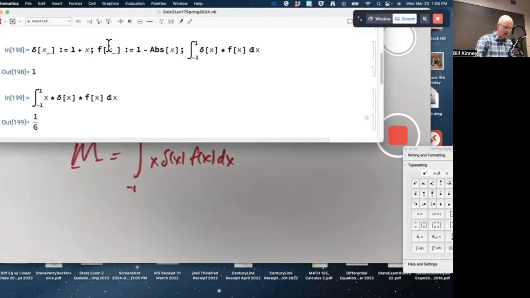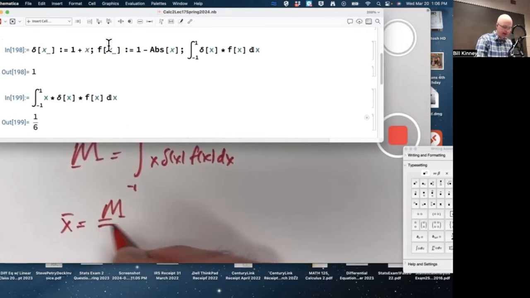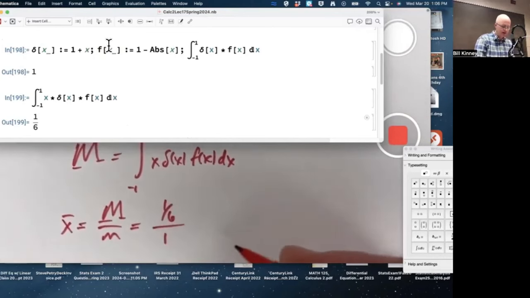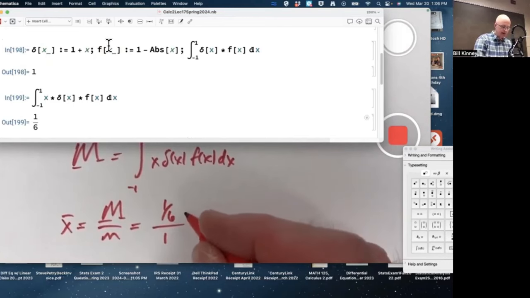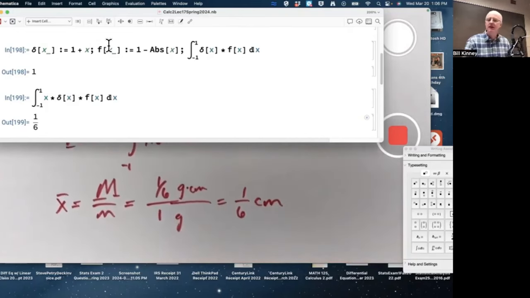Therefore, x bar itself is the moment, capital M, divided by the mass, little m. 1/6 divided by 1. Units would be, for the moment, grams times centimeters. Units for the mass would be grams. The grams cancel, giving you 1/6 centimeter for the location of the center of mass in the x direction.